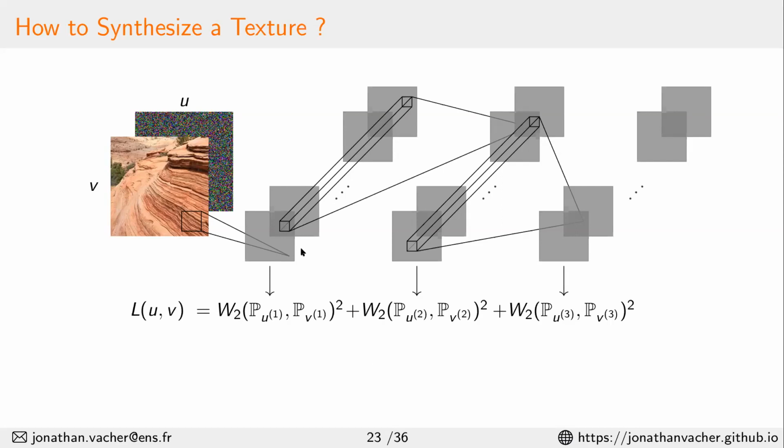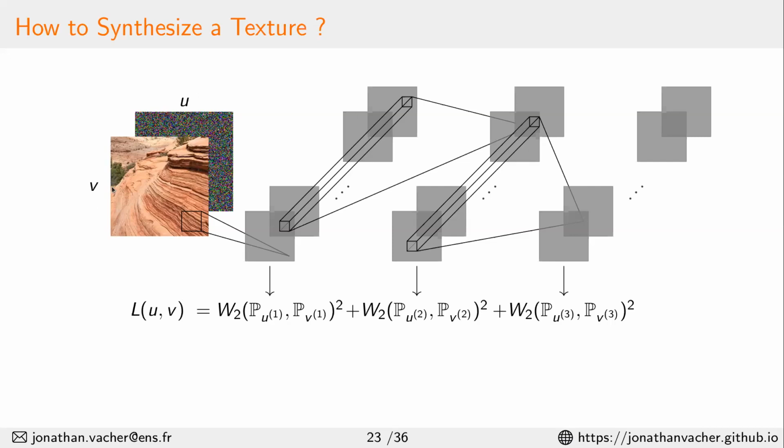So one feature vector is a collection of responses of all neurons at a layer, and you compute the average of all the responses across the image. And you can also compute the covariance.